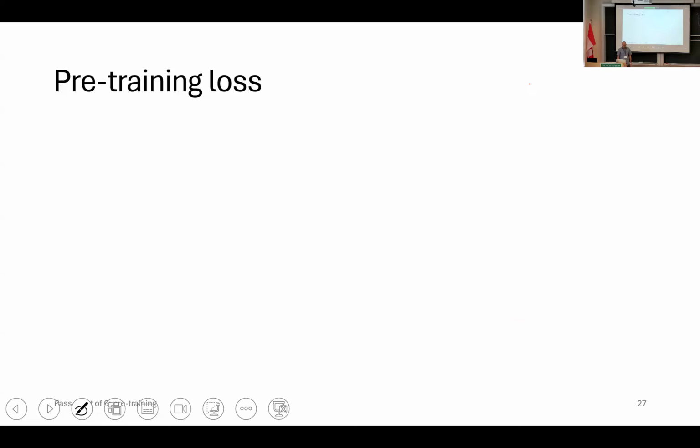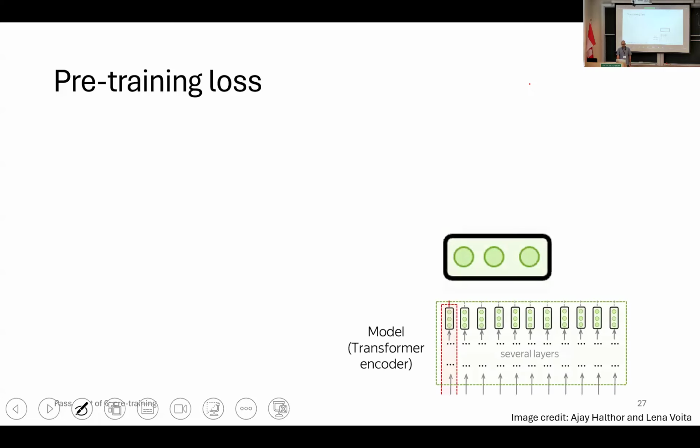All right. So I can see that some of you are already tired, but this is probably the last slide, or maybe just a few more slides. So, pre-training loss. Let's say that this vector we get from the final model is this.